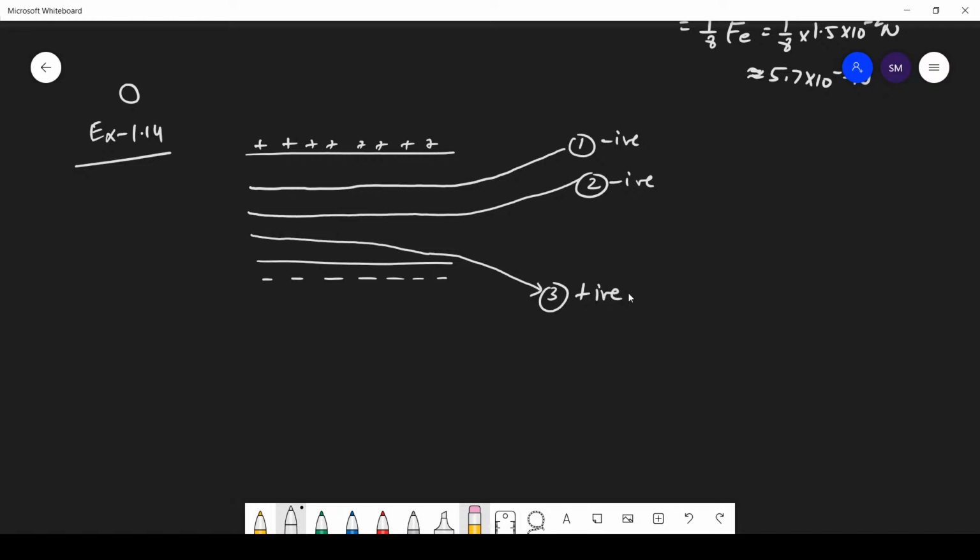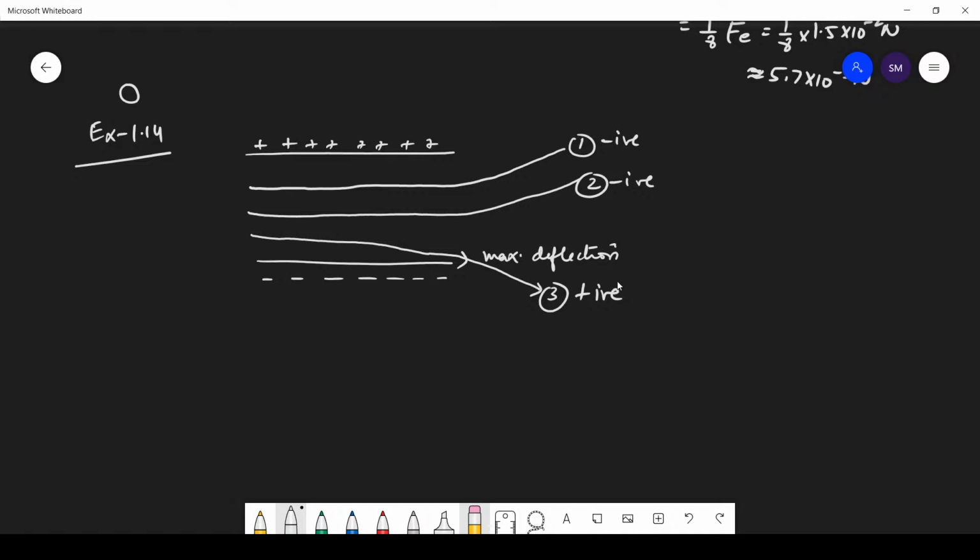Now which particle has the highest charge to mass ratio? So which one is deflected, deviated more? This deflection is maximum, and deflection is directly proportional to the ratio of the charge to mass of the particle.